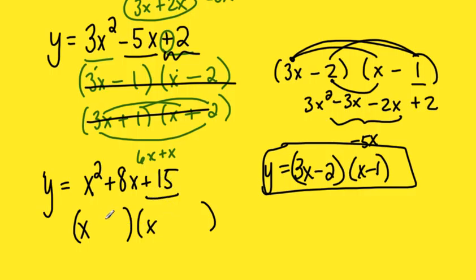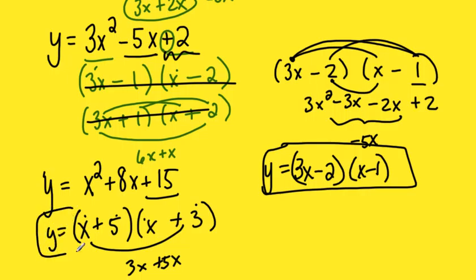So here, what multiplies to be 15? Let's try 5 and 3. We could also try 1 and 15. For positive 15, both are positive or both are negative. If it's a positive number here, it's whatever sign is there. Now check it. x times x is x squared. 5 times 3 is 15. And then 3x and 5x would give you 8x. So this is the factored form of that standard form.